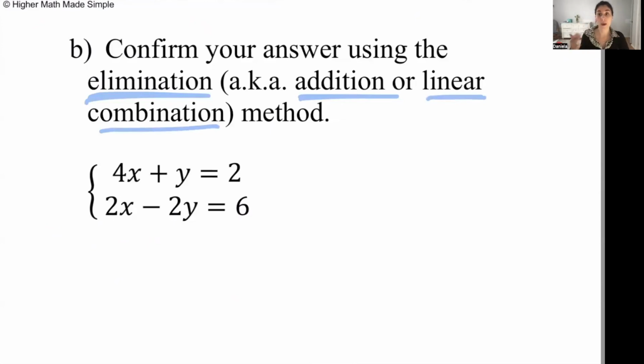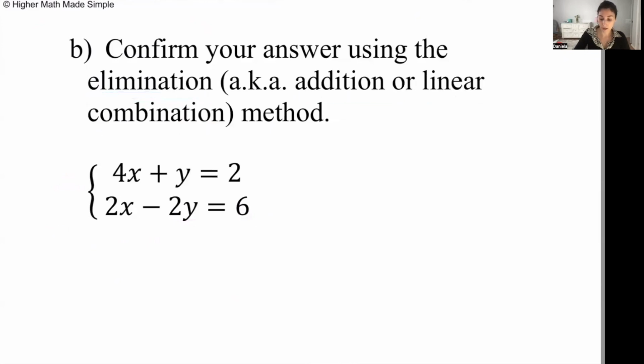Because when you add them together, you're combining them. So very first step is you can just add them together and see if anything cancels, right? 4x plus 2x, nope, that's 6x. y plus -2y, nope, that's -y, right? So if we add them together to start, nothing cancels.